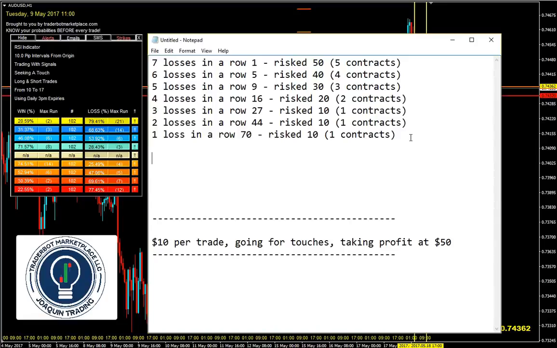Total risk between all of the trades was 170. If you win on the 7th trade, that will pay out $200. You risked 170.